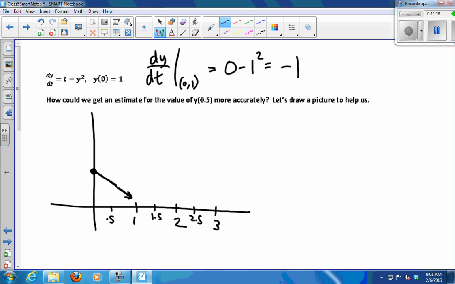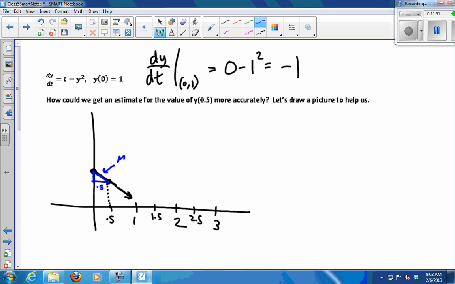Okay. So what are the coordinates of this point? 0.5. Yep. I know that this is a straight line, right? And I have created a little triangle here. I know that delta x is 0.5.